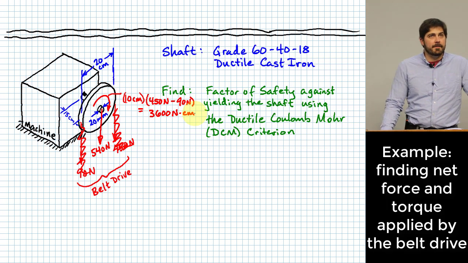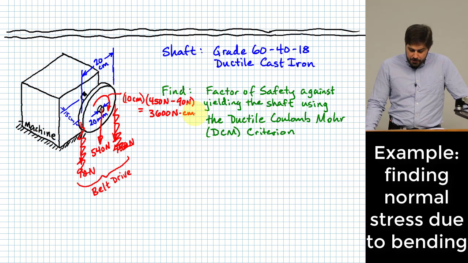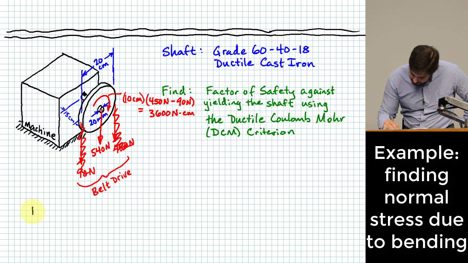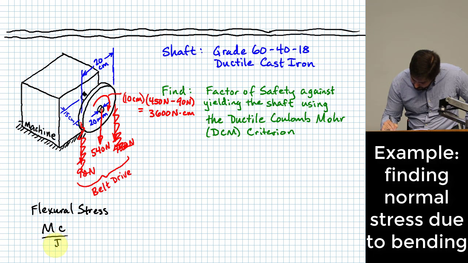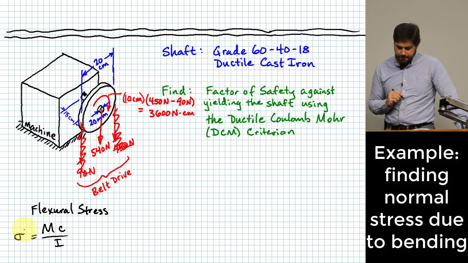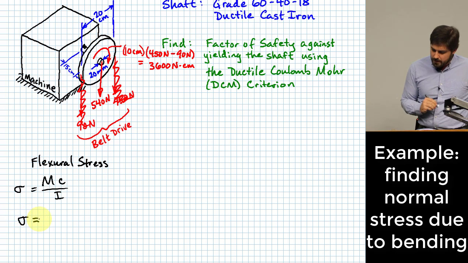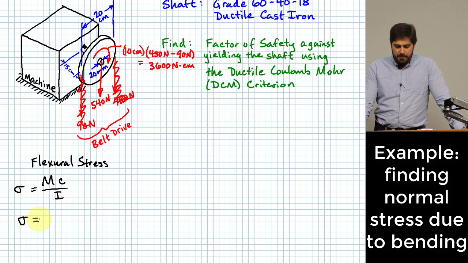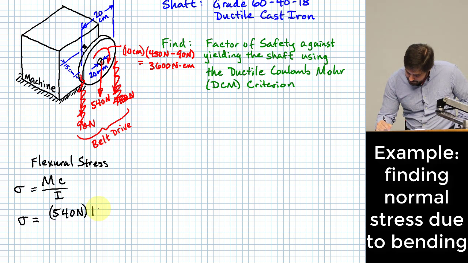All right, now what? Okay, we can do the flexural stress. I'm good with that, so we'll do that over here. MC over I. What's that bending moment going to be at my critical location? 540 newtons times 15 centimeters.